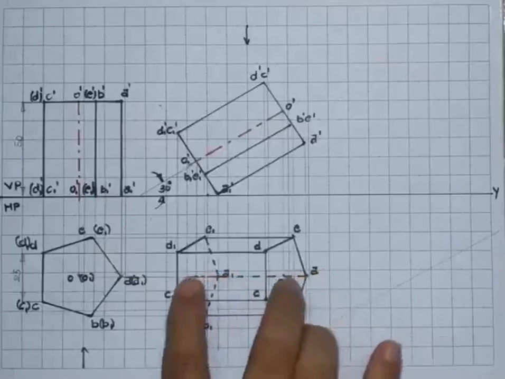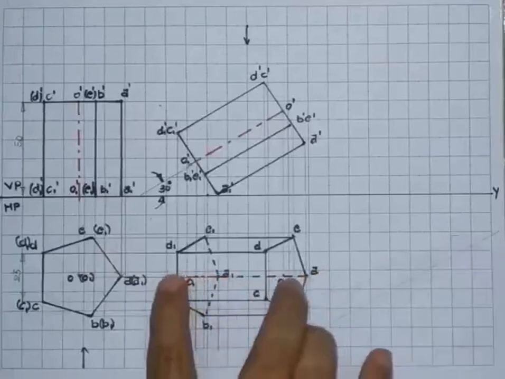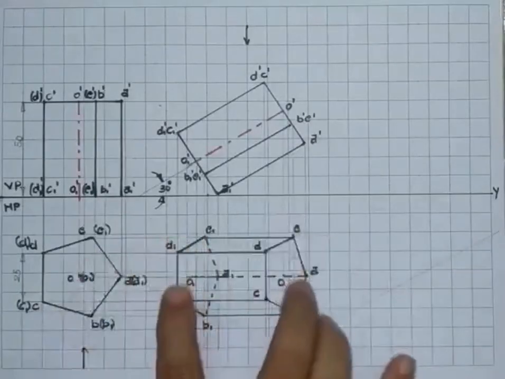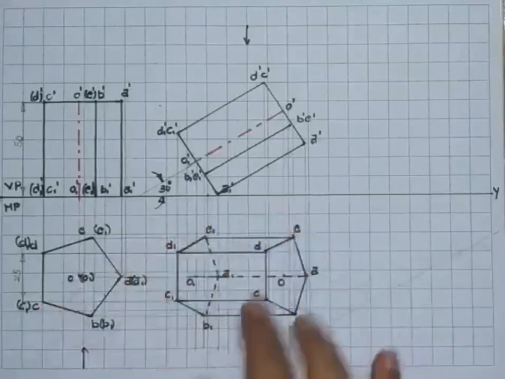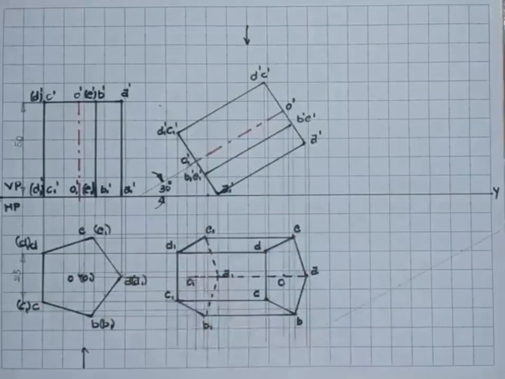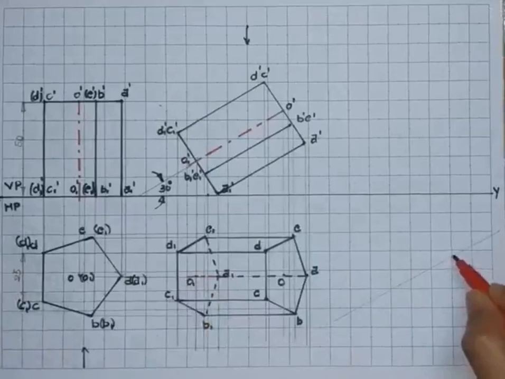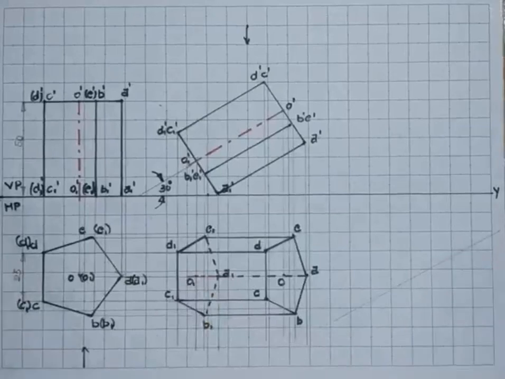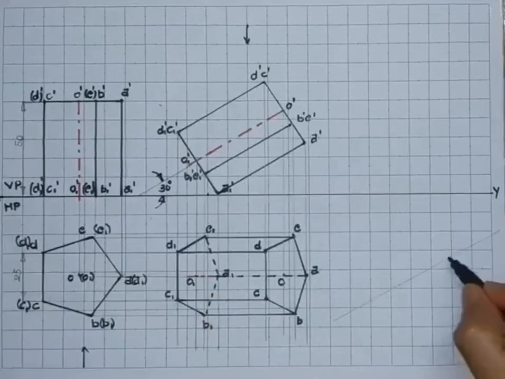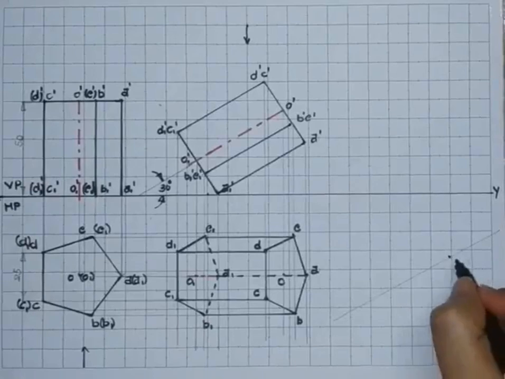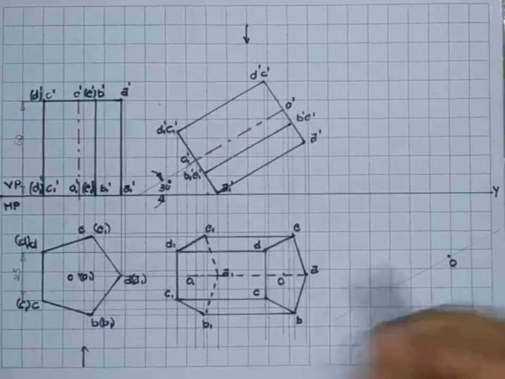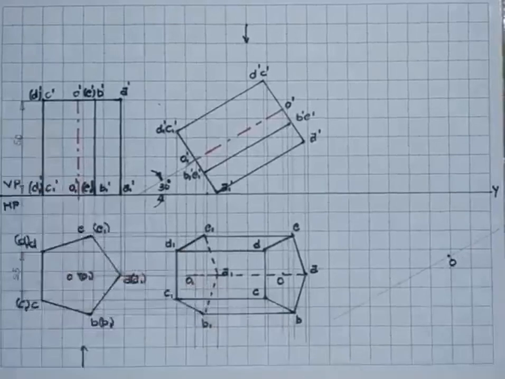Since axis is making an angle of 30 degree, this entire view should be redrawn taking O and O1 inclined at 30 degree. Now I am going to redraw this entire view taking reference of O and O1. First of all, I am going to mark a point O here. This is point O. I am going to measure O to O1.